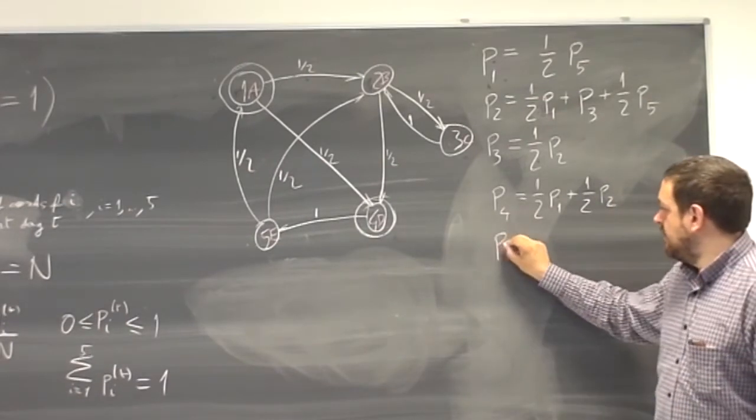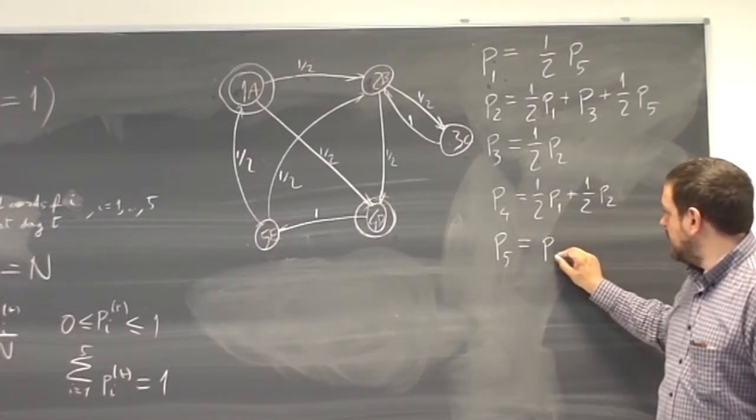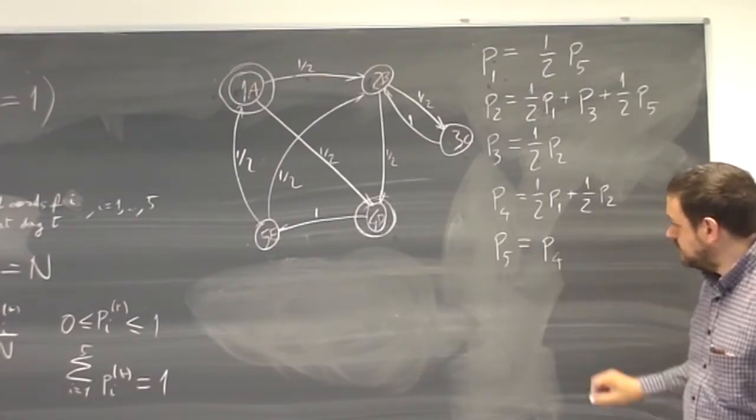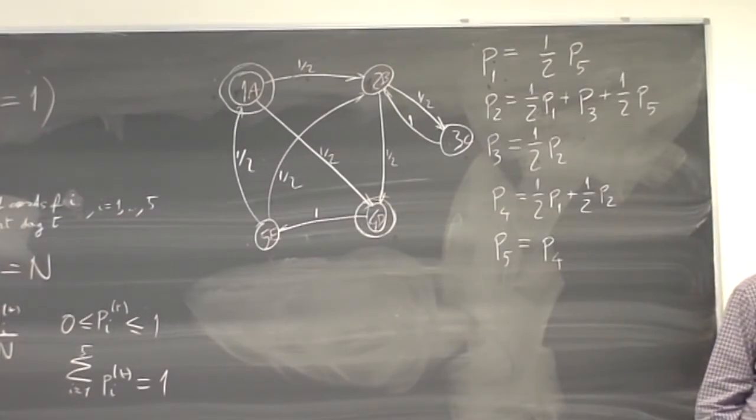And finally, player 5 receives all of his cards from player 4. Okay, I think that's it.